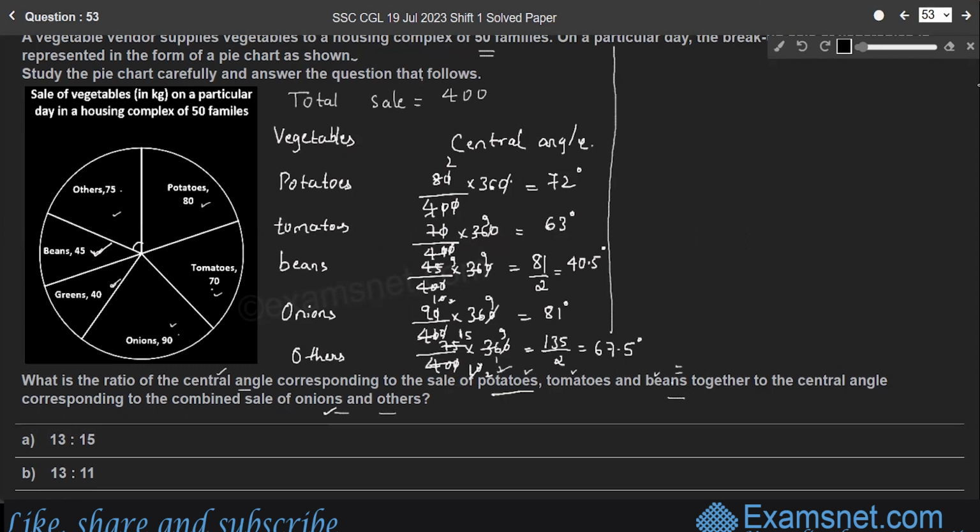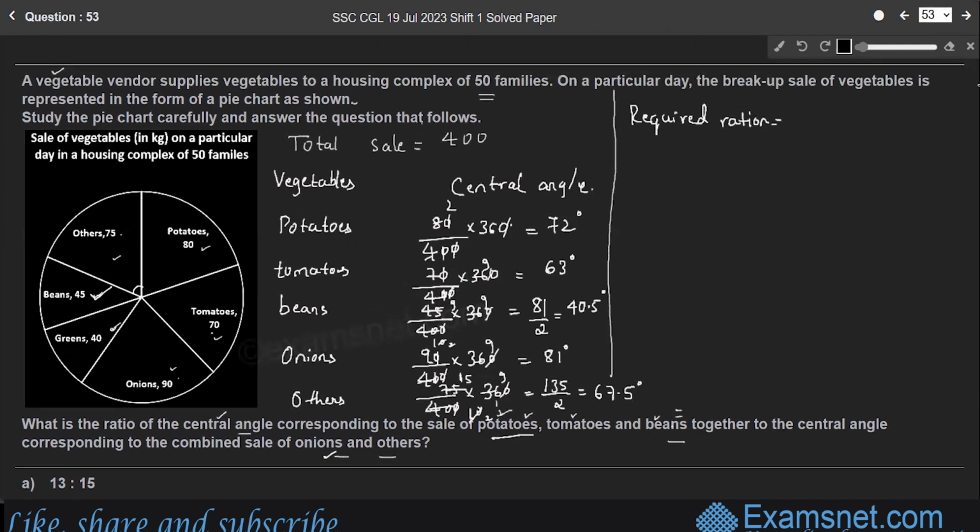So here let us consider the ratio. The required ratio is the total central angle corresponding to potatoes, tomatoes, and beans. Corresponding to potatoes, it is 72 degrees. Corresponding to tomatoes, it is 63 degrees.